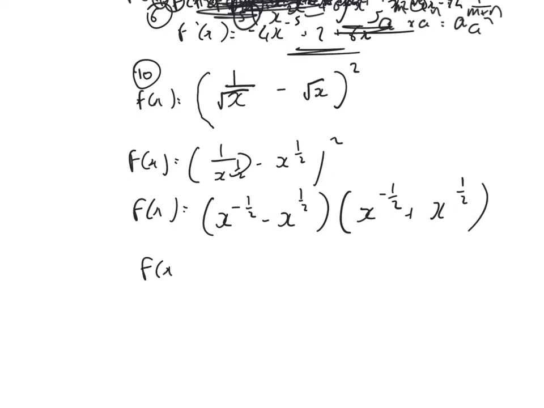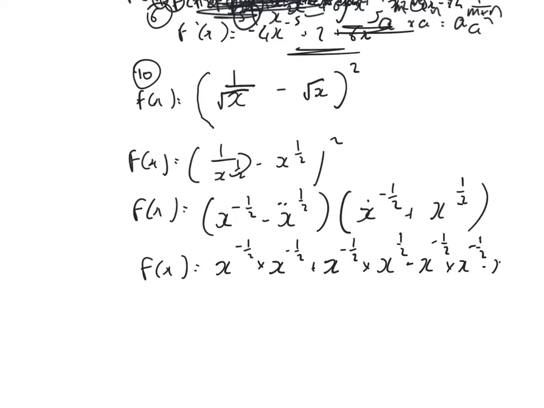Let's do the firsts. X to the minus 1 half times x to the minus 1 half. Outsides, x to the minus 1 half times x to the half. Insides, minus x to the minus 1 half times x to the minus 1 half, and lasts minus x to the minus 1 half times x to the half.